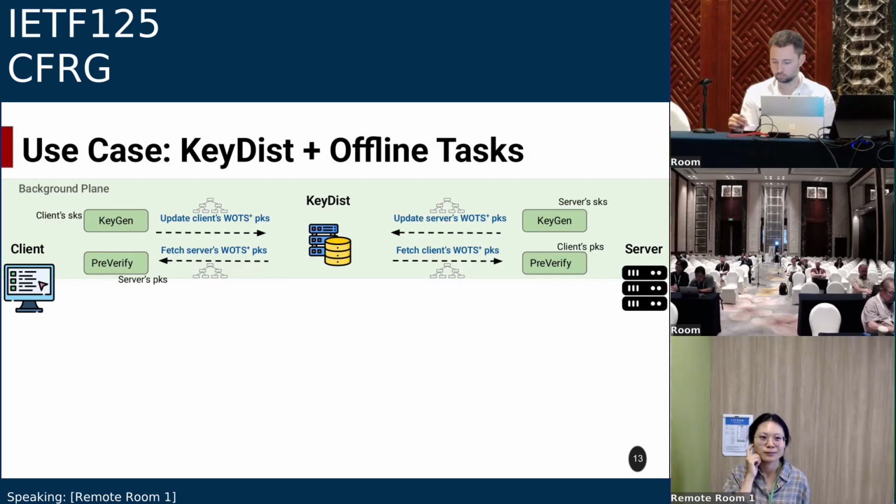Each endpoint pre-generates WOTS+ key pairs, uploads its public keys to the KDist service, and fetches its peers' public keys from the KDist service. These keys are organized in batches using a Merkle tree.